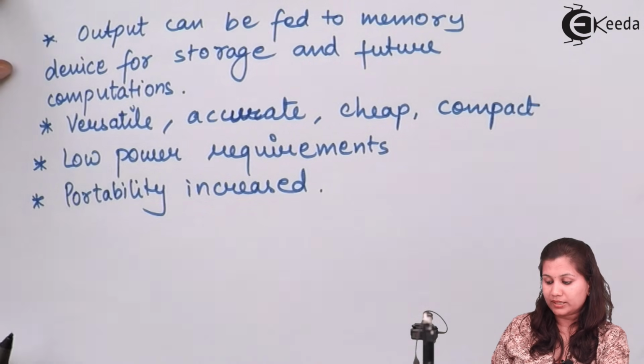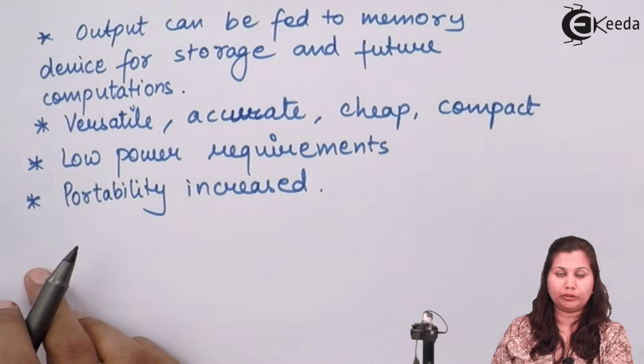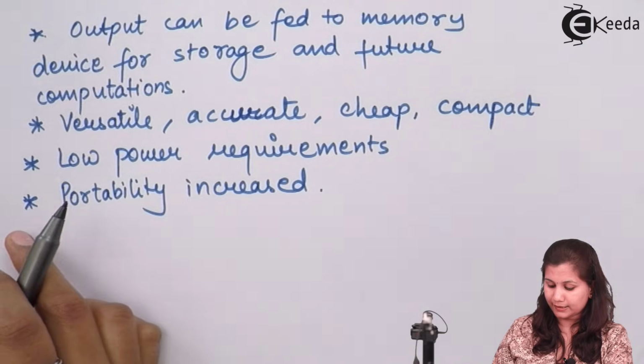Now next we will study the types of digital voltmeters which are available to us. There are 5 types of digital voltmeters.